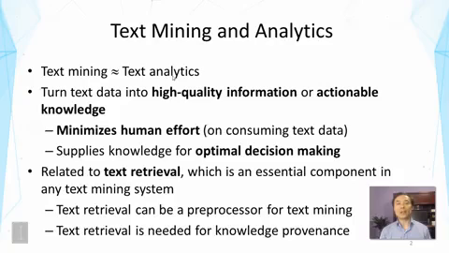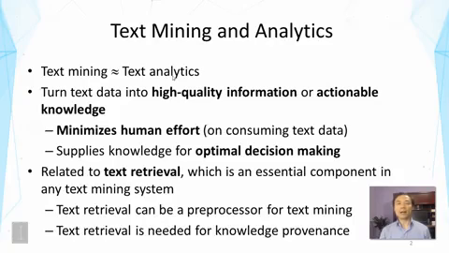A more concise form of the information would be a very concise summary of the major opinions about the features of the product, positive about the, let's say, battery life of a laptop. Now, this kind of results are very useful to help people digest text data. And so this is to minimize the human effort in consuming text data in some sense.